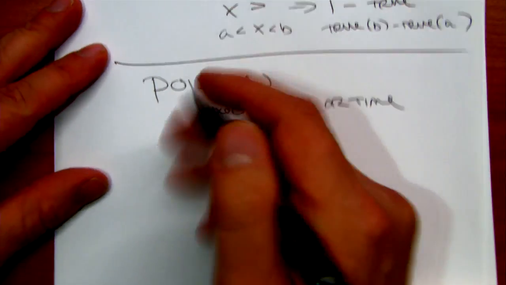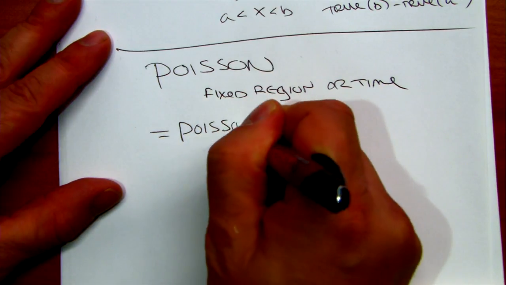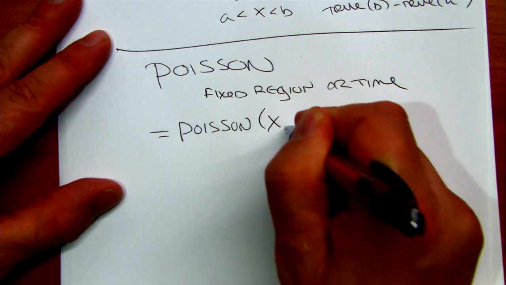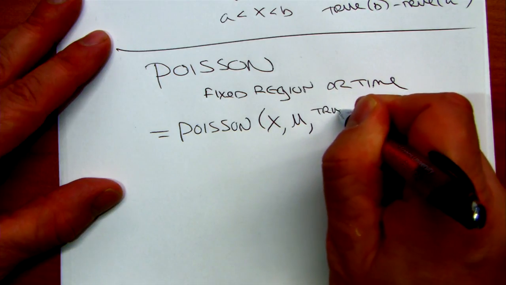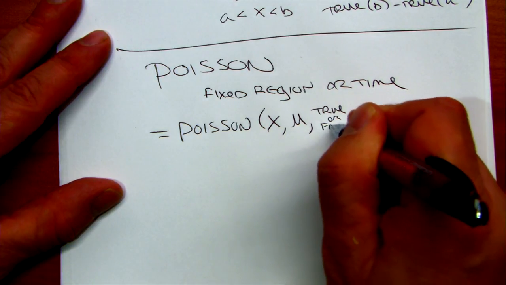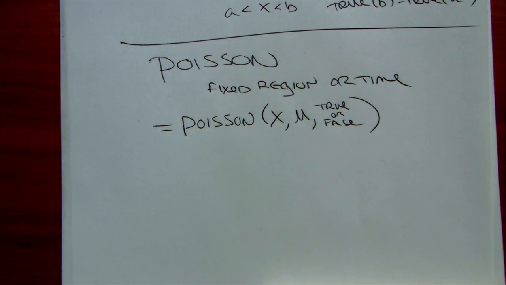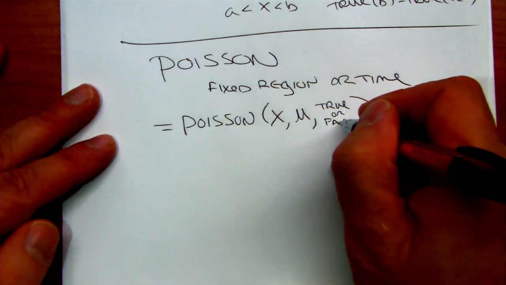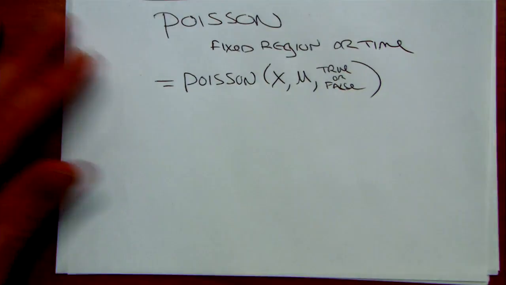When we're talking about the Poisson distribution, we eventually want to use this function, which we give x, a mean, and also that true or false flag. Once again, true means cumulative, false means not cumulative. So the same logic that we use up here, we can use for this one.